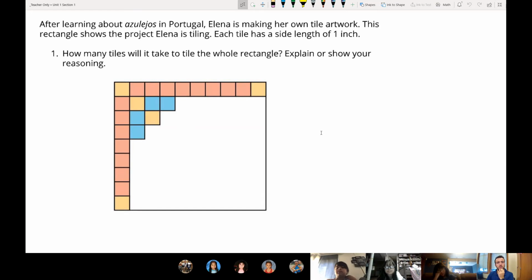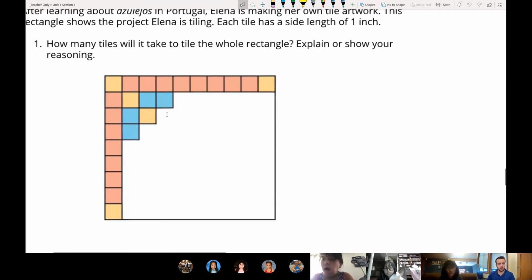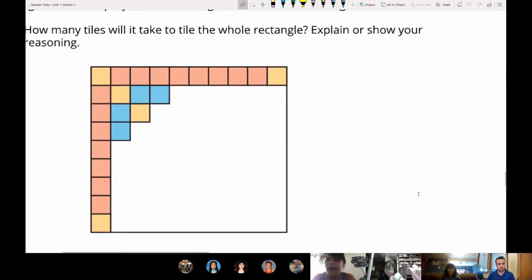Okay, I love how you use rows and columns. Can you explain a little bit more about how we can use those to help us? Like how many rows are there? How many columns? What do we do with that? Yes. So there are 9 rows. Is that the top or the side?